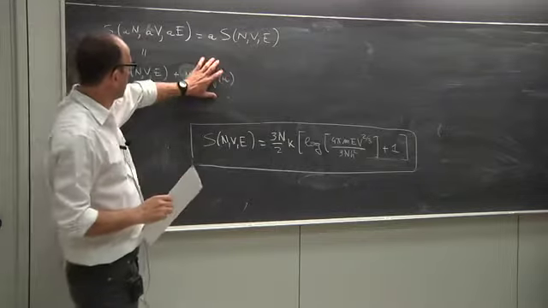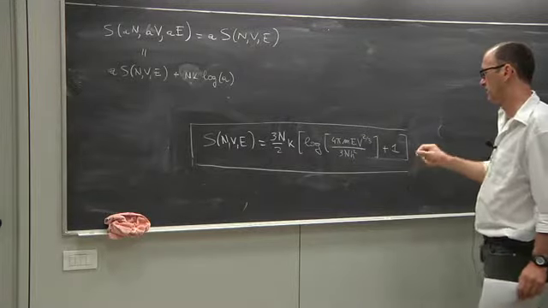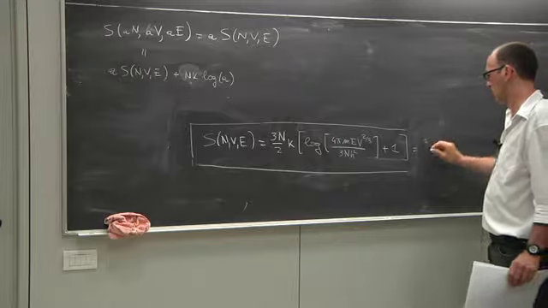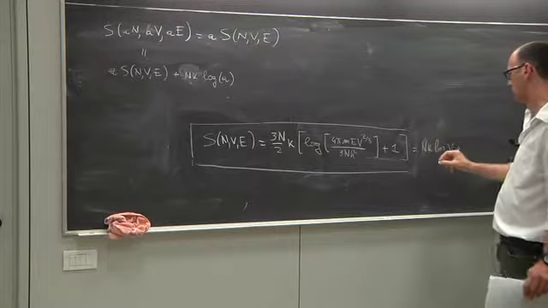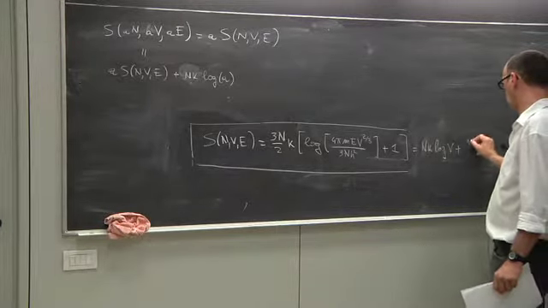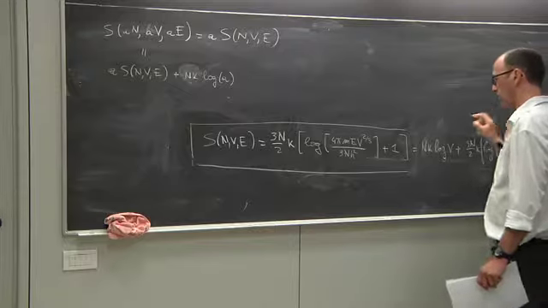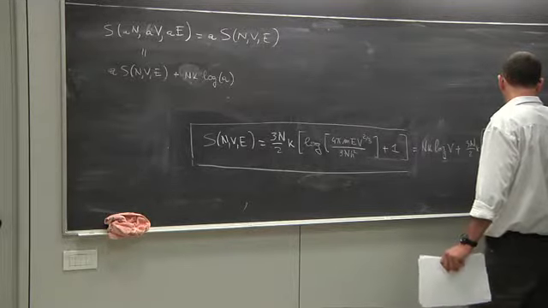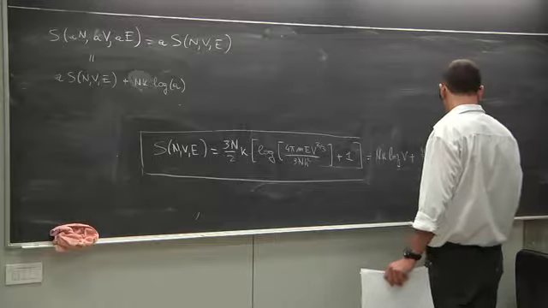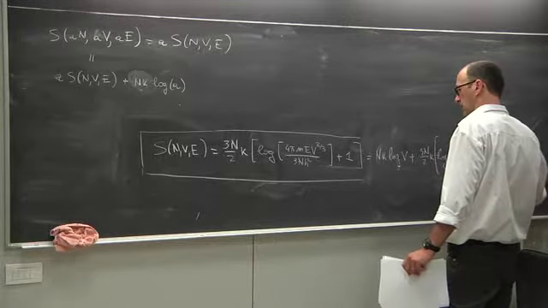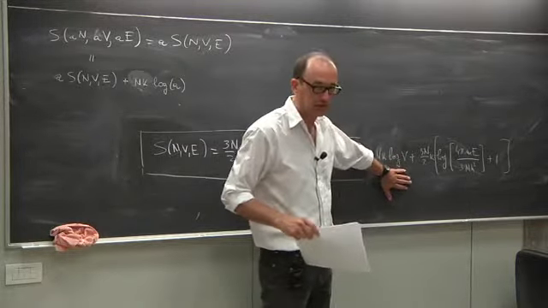So there is an additional factor here. If you rewrite this formula in the form NK log V plus 3NK over 2 log of 4 pi N E over 3NH squared plus 1, then you see that the problem really comes from this term here.